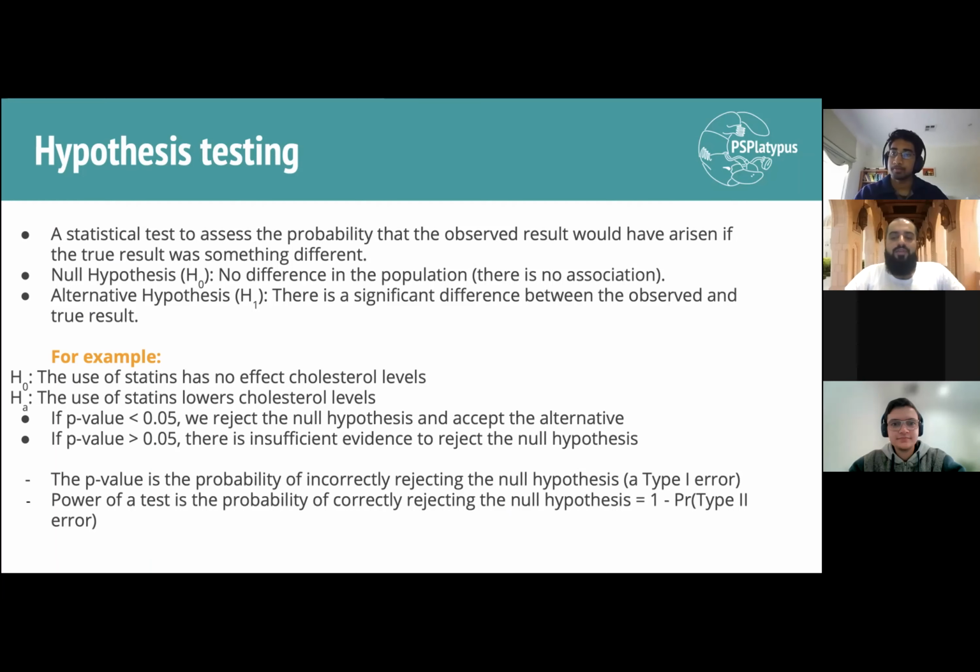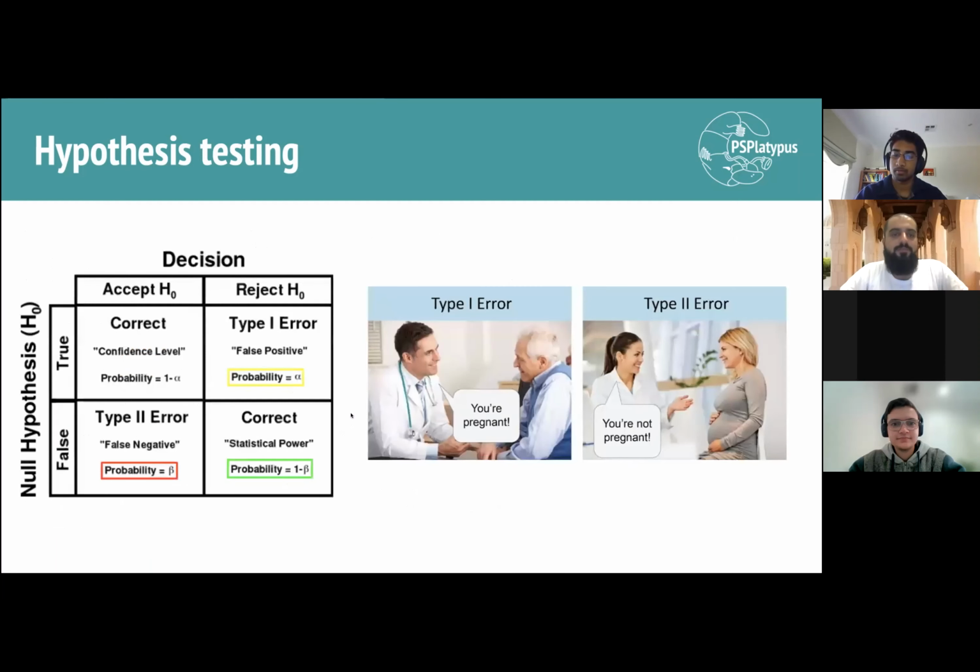And we have type 1 error and type 2 error, which we'll talk about in the next slide. So type 1 error means that we reject the null hypothesis where it's actually true.